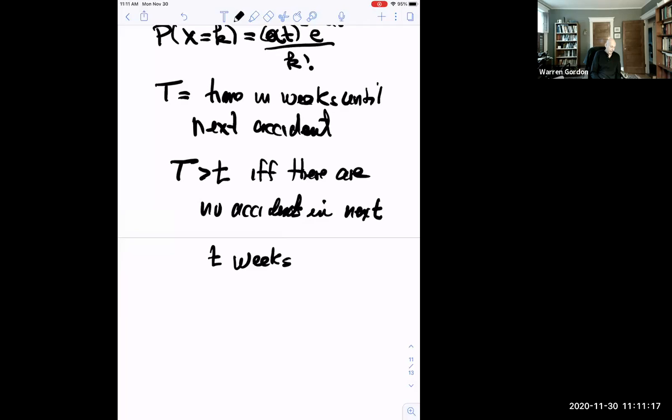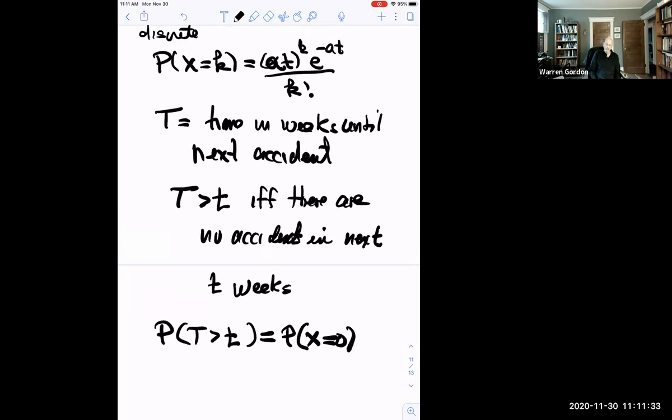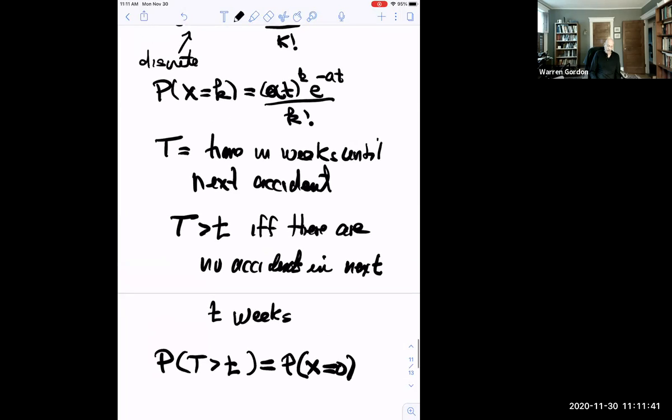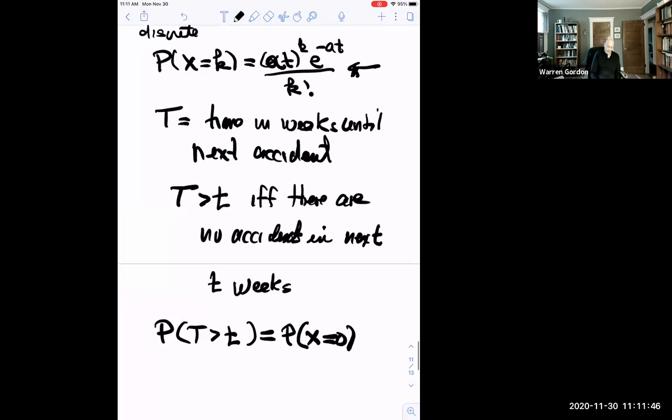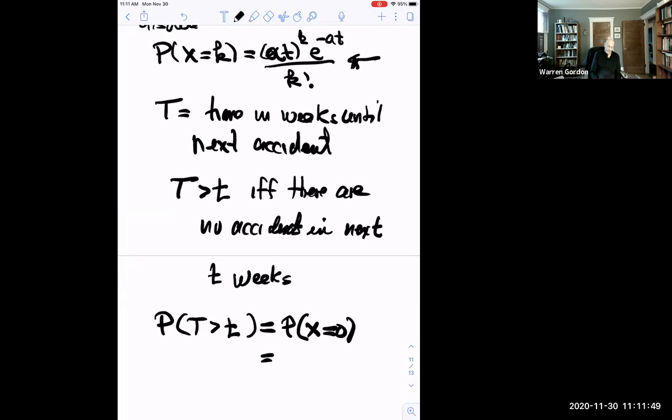Now that means the probability that there are no accidents in the next t weeks is equal to the probability that X equals 0. Remember, X was the number of accidents in k weeks. But we know if I set k equal to 0, that gives me just e to the minus alpha t.